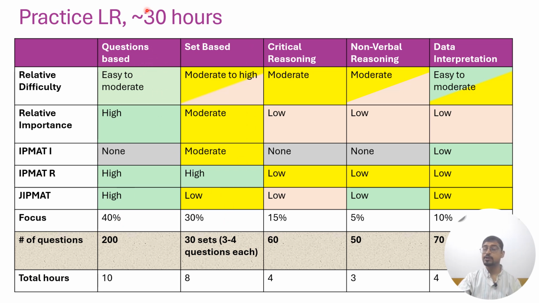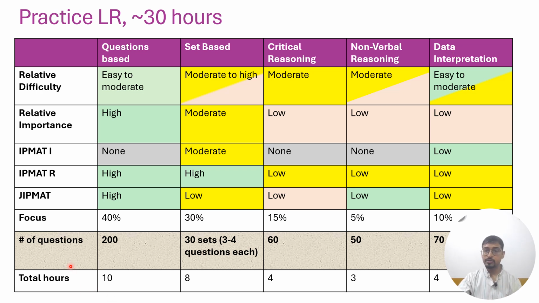This is largely because of IPMAT Indore. Then we have critical reasoning and non-verbal reasoning at close to 15 and 5% of your focus time. And lastly, 10% of the focus time should be spent on data interpretation, considering some of them can come in sets of 3 to 5 questions and can immediately give you a boost in your score.